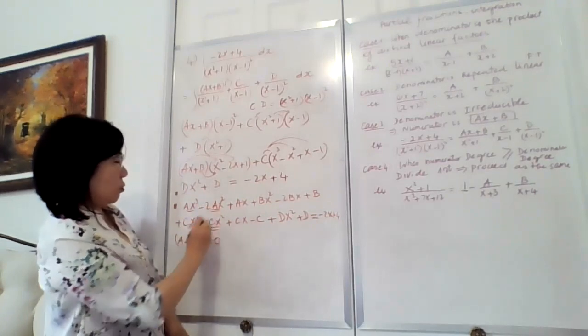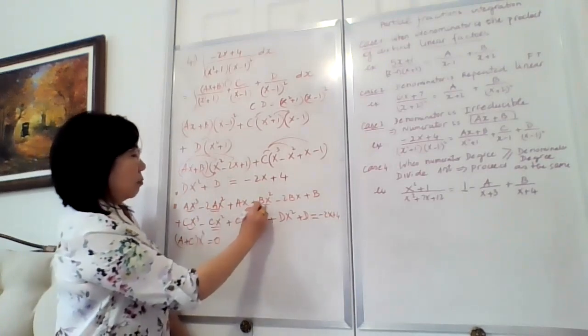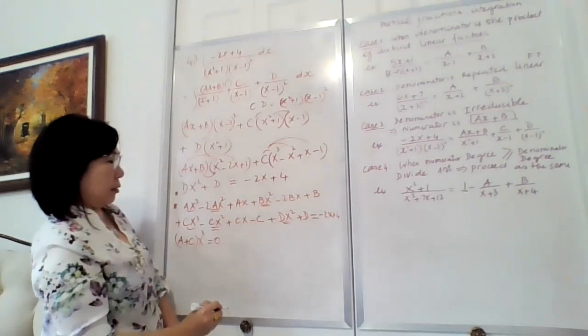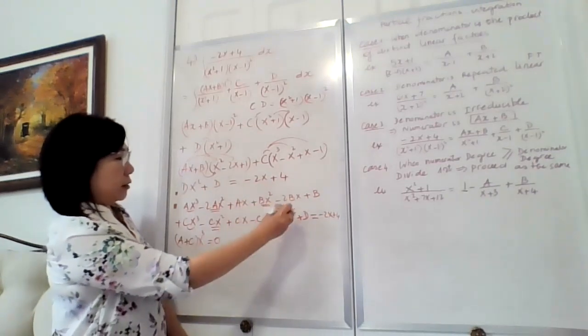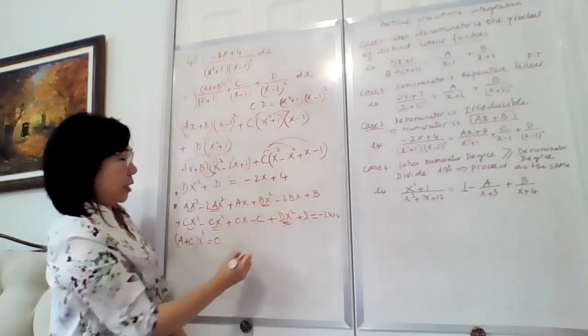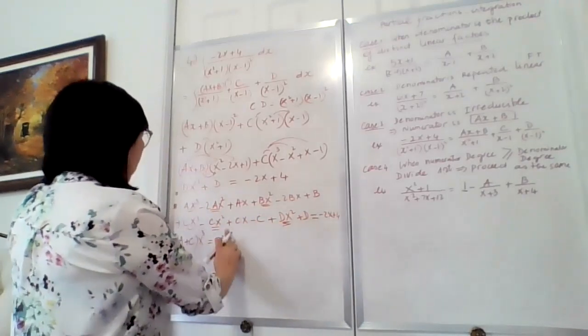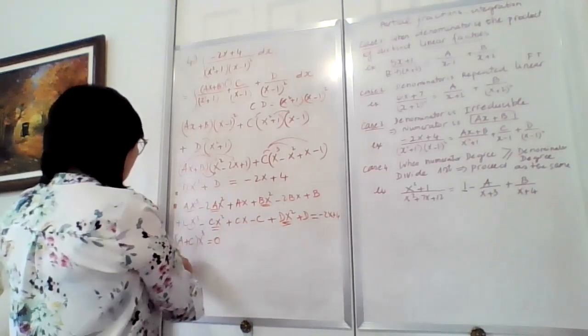We have cx squared, ax squared, bx squared, and dx squared, right? So I collect the like terms and mark 2 lines here.